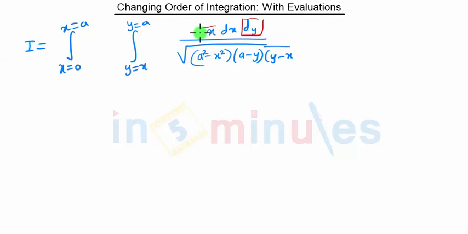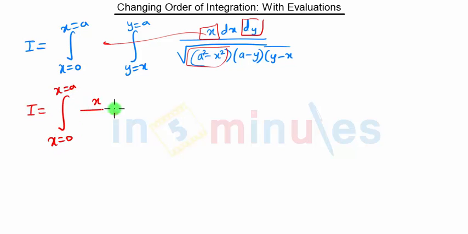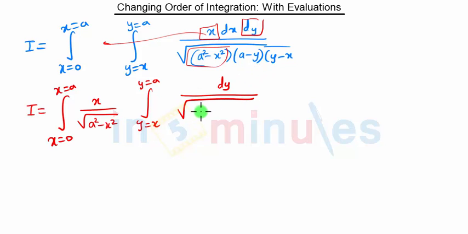The terms which contain x will be constant, so we can take these terms outside the integration. So we will have the integration of x going from 0 to a, x upon root of a square minus x square will be constant, then the integral of y from x to a of dy upon, in the denominator, root of a minus y and root of y minus x, and dx.